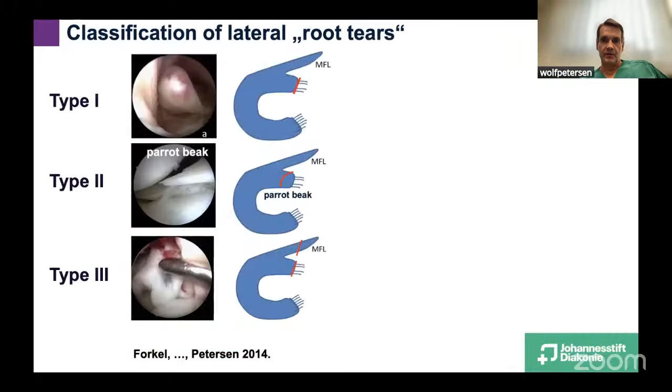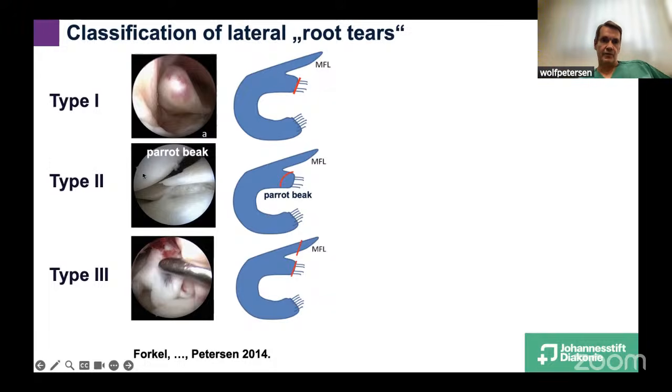In contrast, at the lateral meniscus, we differentiate three different types of root tears. It's a classification which has been proposed by Philip Forkel. The type 1 root tear is a typical avulsion of the meniscus from the insertion with an intact meniscofemoral ligament.